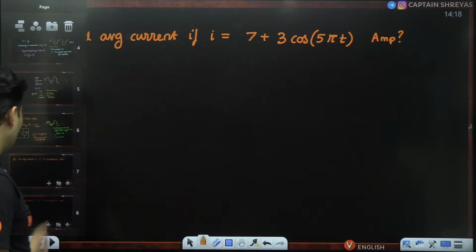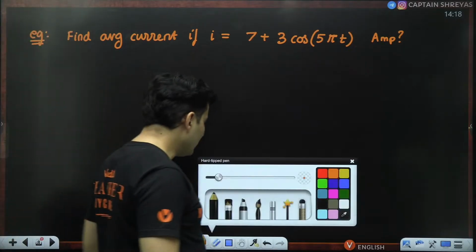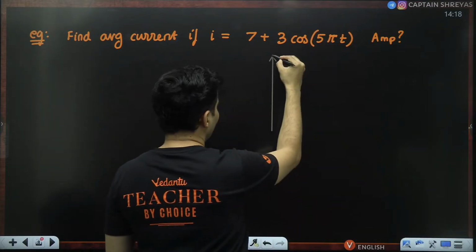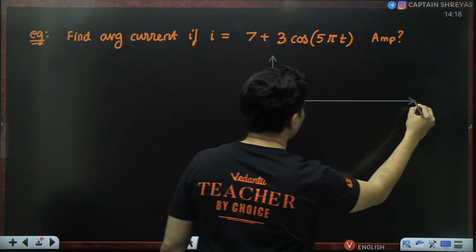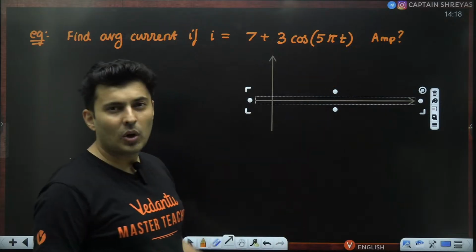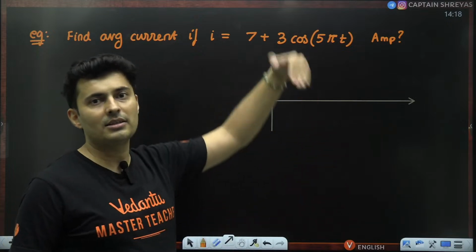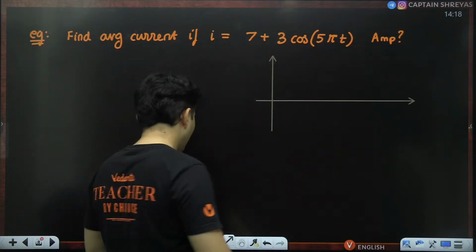Now you might be wondering, sir, how do we do this? I'll tell you, go by the graphs. It will become actually very, very easy. Then you will not face too much trouble. See, there is a cos graph. Cos graphs usually start with a maximum value, then go to zero, then negative, then zero, then maximum.